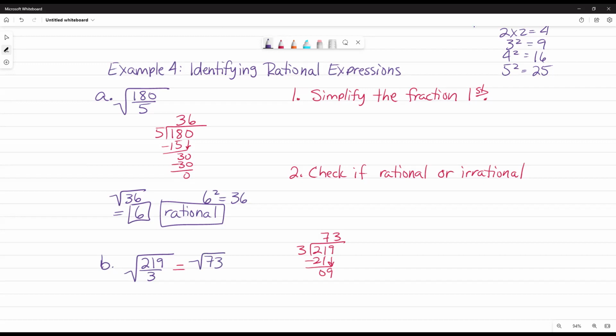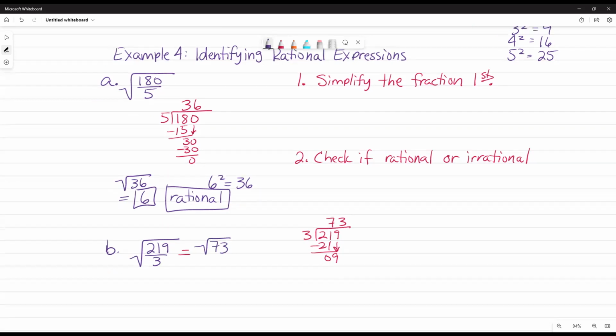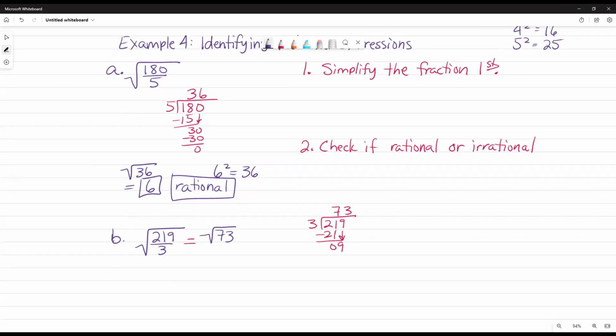So is 73 a perfect square? So we know that, let's see, 8 times 8 is 64. 9 times 9, and this is how we check. 64 is 8 squared, right? It would be 8. And 9 squared is what? 81.